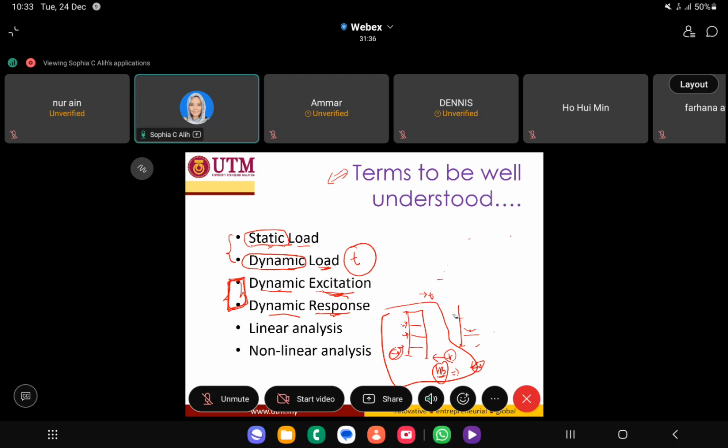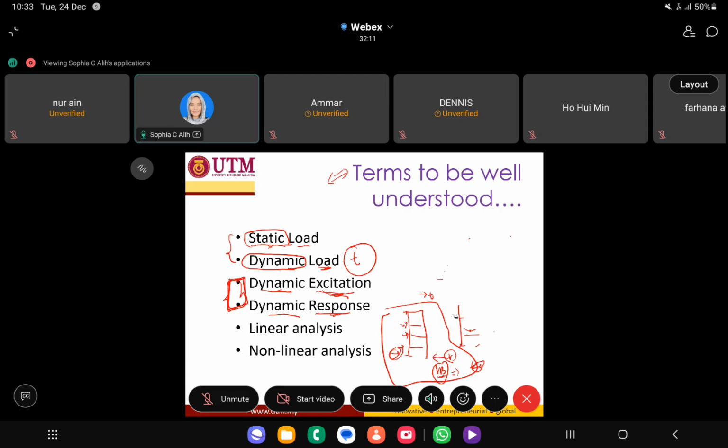Your structure, and this is from your excitations, for example your building. Because we are considering these two, it depends on the number of that.